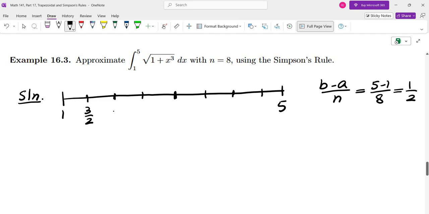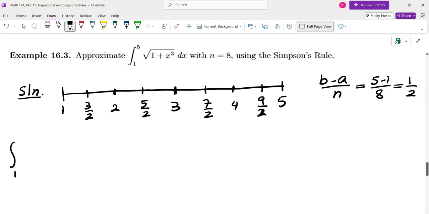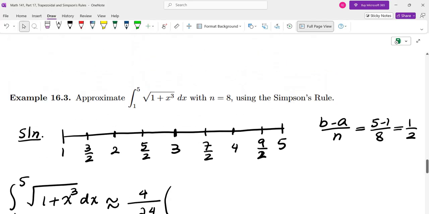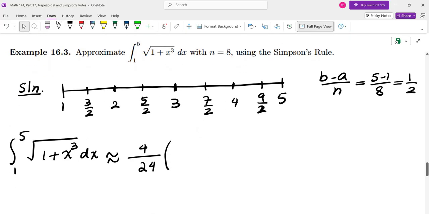So this would be 3 halves, 2, 5 halves, 3, 7 halves, 4, 9 halves, and 10 halves, which is 5. So the integral from 1 to 5 of square root of 1 plus x cubed dx is approximately b minus a, which is 4, over 3 times n, which is 24, times, and then we have to evaluate the function at these points and then include those coefficients.